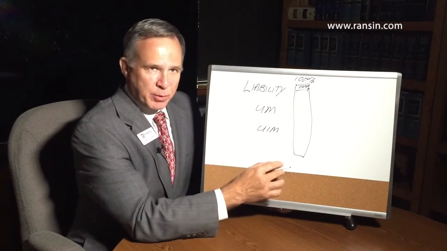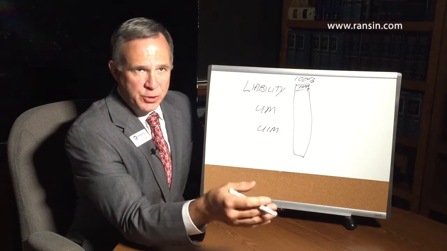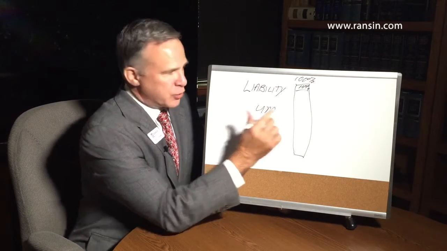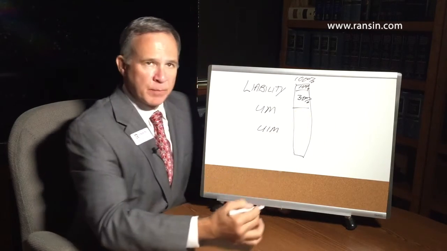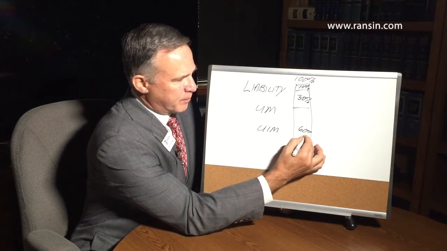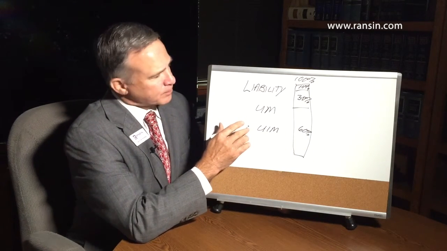The other 90% is the other unsafe driver that hurts you or your family. About a third of those are uninsured, which is about 30% of your risk. The other 2/3, or 60%, have insurance, but they're underinsured.